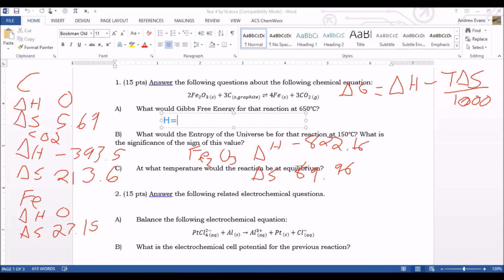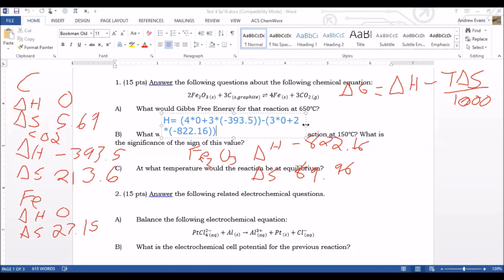So our products: 4 times 0, because it's 4 irons plus 3 CO2s times negative 393.5, minus reactants: 3 times 0 plus 2 times negative 822.16.